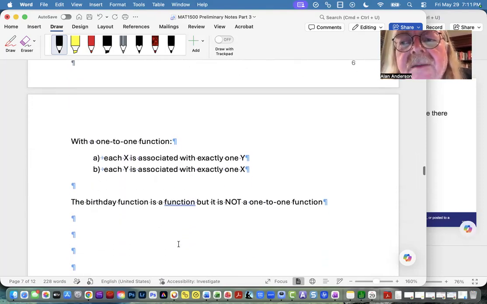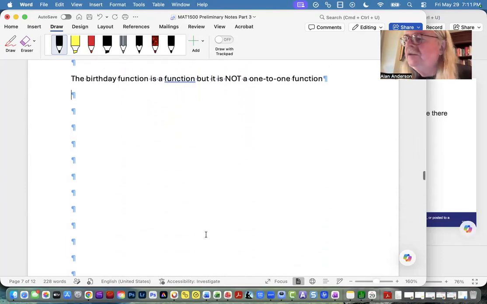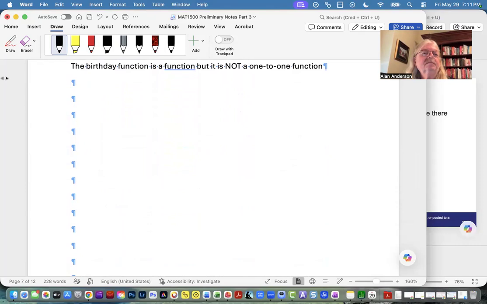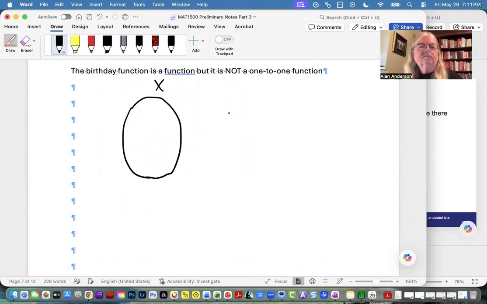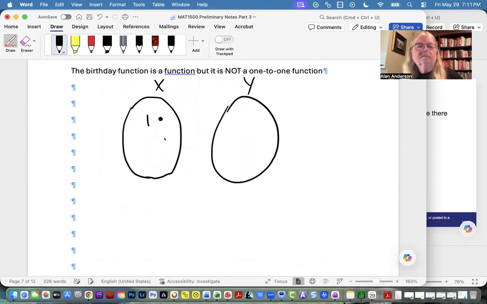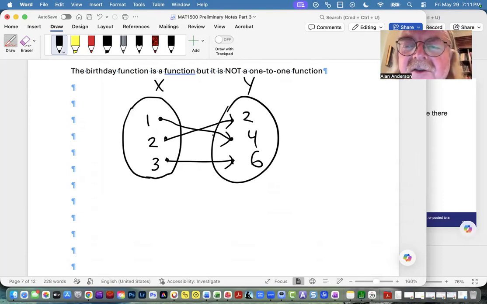Okay, so what would be an example of a one-to-one function then? Well, let me show you a generic example. Okay, so each x is associated with one y, but each y is associated with one x.